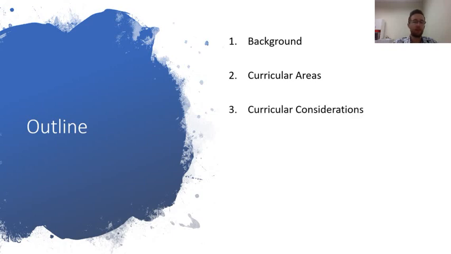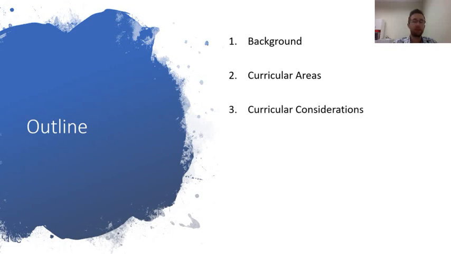Here's the outline for this unit. First, I'm going to give you some background on some of the special education law and history and general approach to developing curricula for students with autism, other developmental disabilities, and intellectual disabilities. Then we're going to move into talking about different curricular areas that you draw from and conduct assessments in to develop individualized curricula.